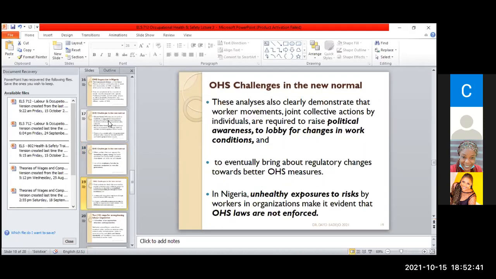Now, the challenges in the new normal, as I've said, have exposed us. Unhealthy exposure to risk by workers is evident in our climate, and that shows that something is not tallying up. So our laws are not enforced. We have laws, as I said earlier, we have standards, we have codes of practice, yet we still record a lot of issues that border on occupational health and safety in this country.